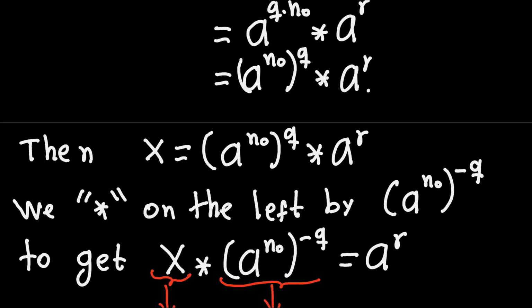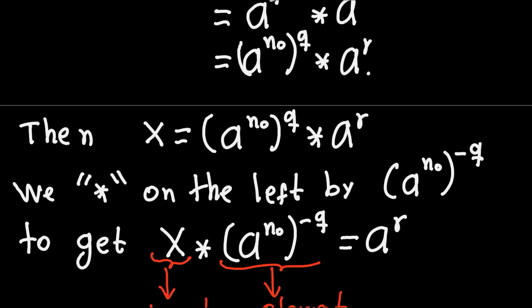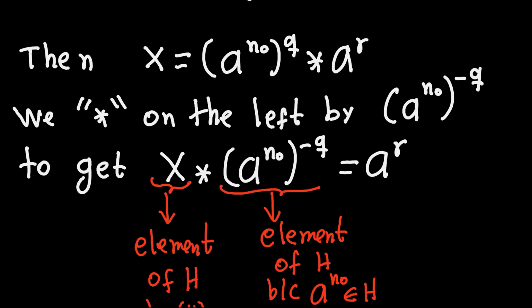Now I'm going to do the following thing. I'm going to apply the binary operation on the left, with A to the n naught to the minus Q. So I'm going to start here on the left, on this side, and I'm going to get this expression. So actually this should be reversed, so let me correct that in here.